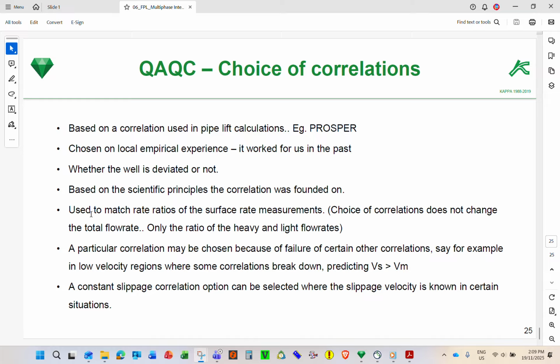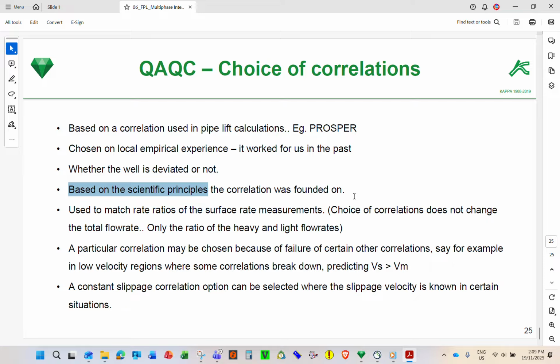Based on scientific principle, this is difficult. It really depends. I usually don't look at the scientific principle. I just look at Prosper, what they use, and also the match to the surface.